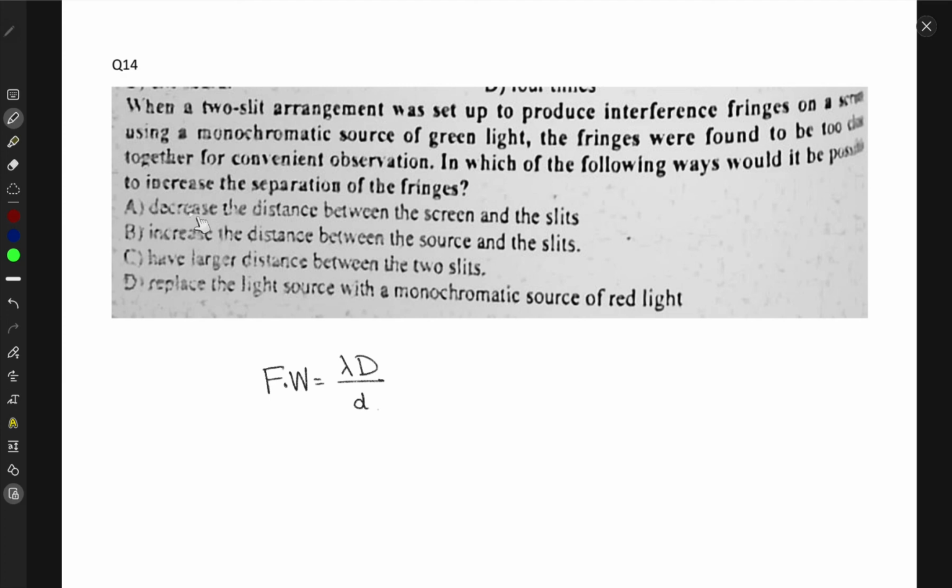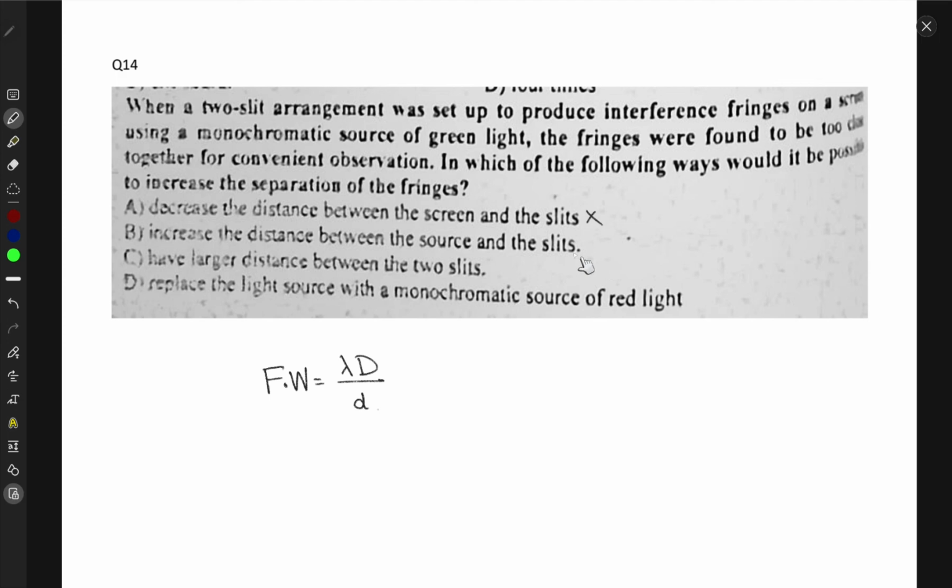So the options are: decrease the distance between screen and slits. If I decrease this D, then fringe width would decrease, which would decrease the separation even more. But we don't want that. We want to increase the separation. So that's not going to work. Then we have increase the distance between the source and the slit.